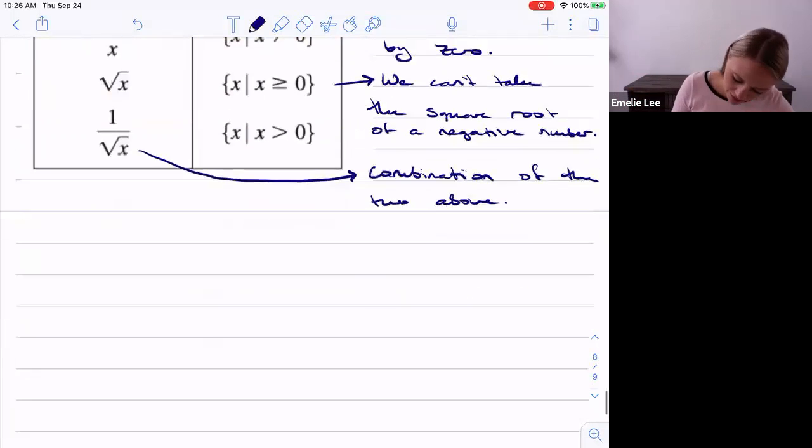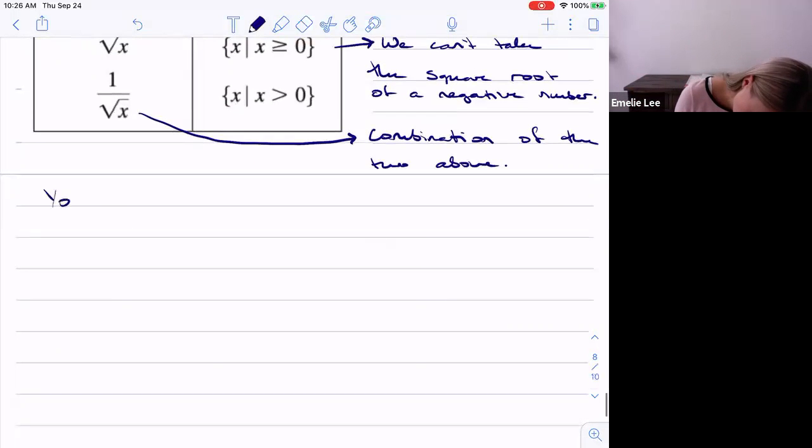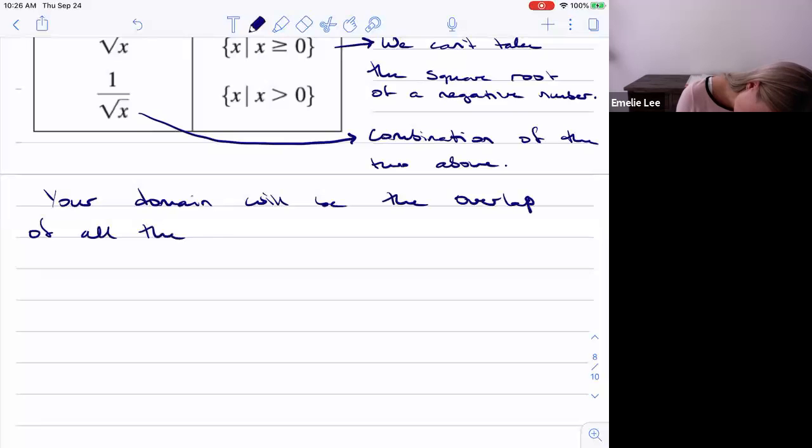Okay? So your overlap, or your domain, will be the overlap of all the conditions. Okay?